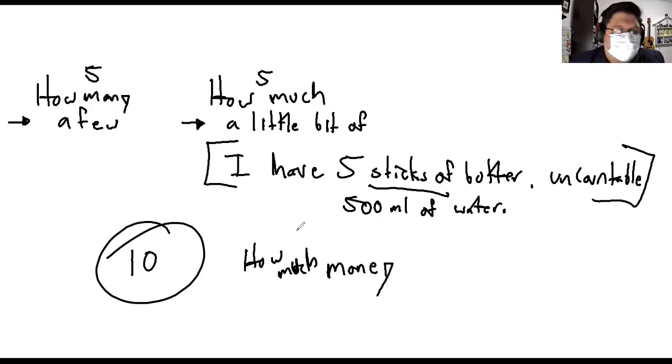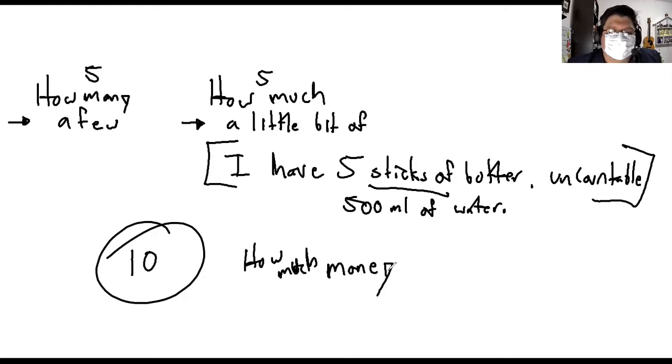But how do we say it? $1, $2, $3. We don't say 1 money, 2 money, 3 money. That's why the word is uncountable. Can we add an S to money? Can we say monies? No, of course not. So that's why the word is also uncountable.